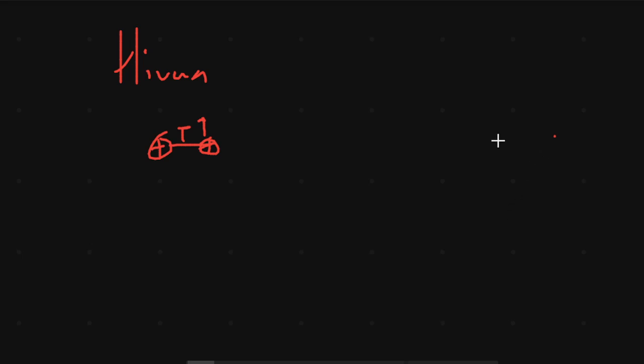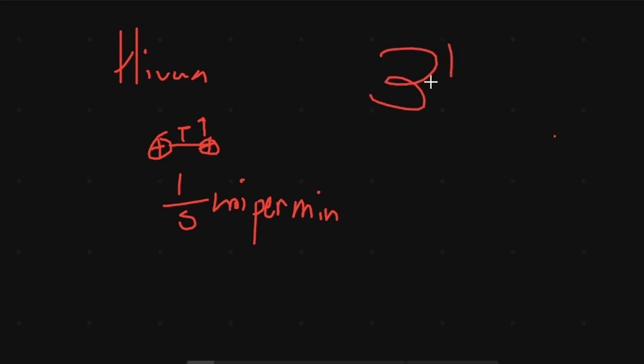So he is riding 1/5 of a mile per minute, and it takes him 3.5 minutes to get to school.